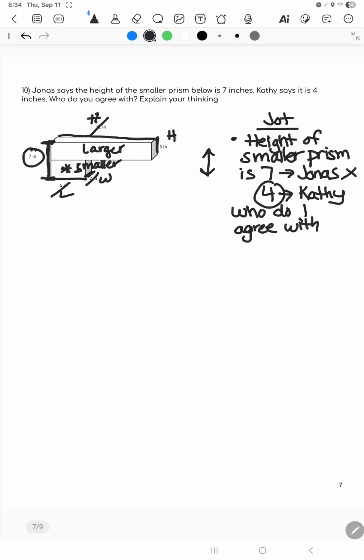If the height of the larger one is actually 3, I don't know the height of the smaller one, but I know when they add together, they give 7. That's the total when they're stacked, right? The larger and the smaller. But the 3 is the larger. What plus 3 is 7? Oh, 4. That makes sense.